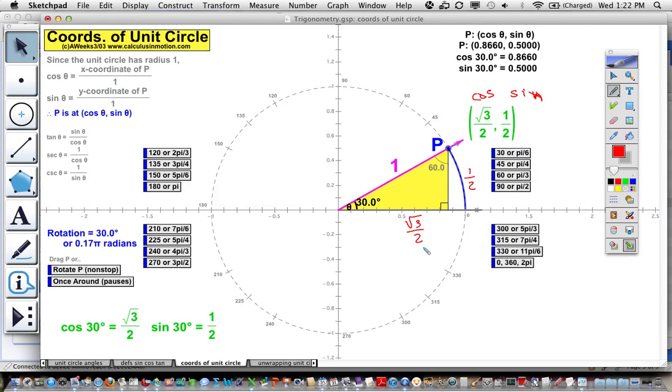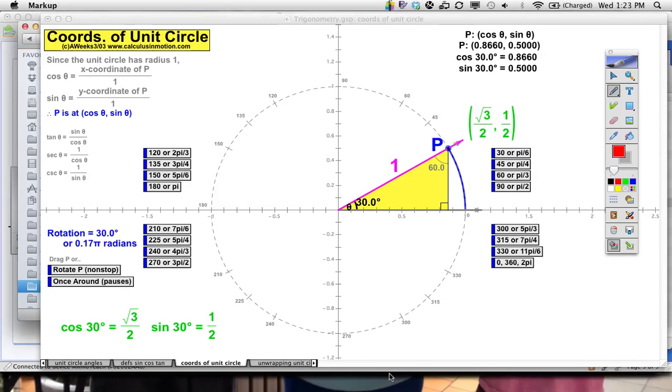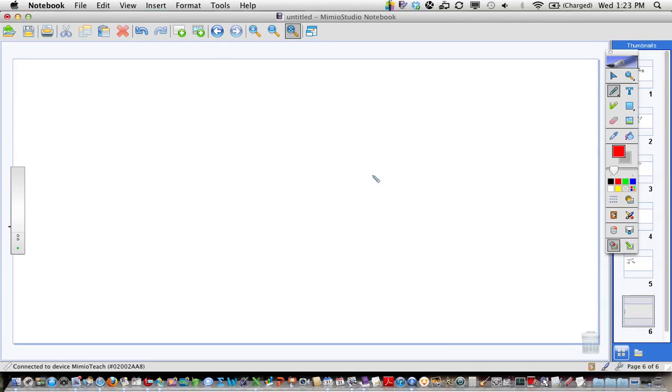Now, if you haven't memorized those values in the different quadrants, and even if you have, this can be helpful if you're having trouble remembering them. This can be a good kind of double check. Let's just review this real quick.